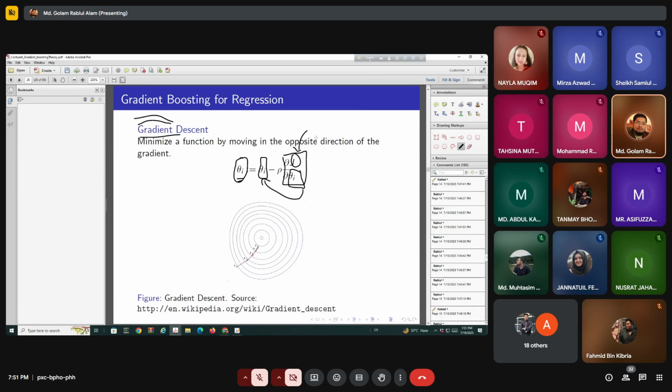This is our gradient, and the gradient can be negative; sometimes we will get positive also. Whether it is negative or positive, this gradient will tell us whether we need to increase the variable values or decrease them.